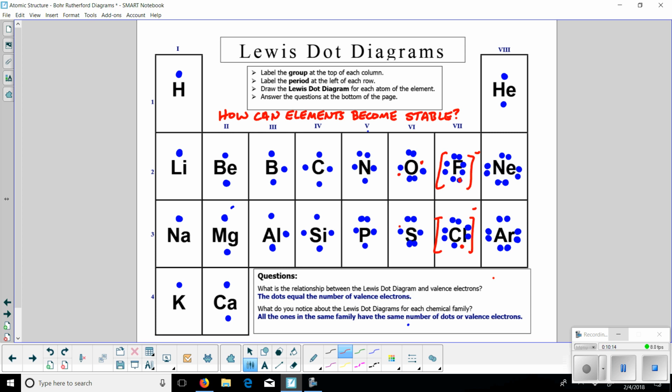Oxygen, sulfur, and the rest of group 16, they tend to gain 2 electrons, so they end up with a 2 negative charge. Nitrogen picks up 3 electrons, so 3 negative. Same with phosphorus. 1, 2, 3 electrons it picks up.